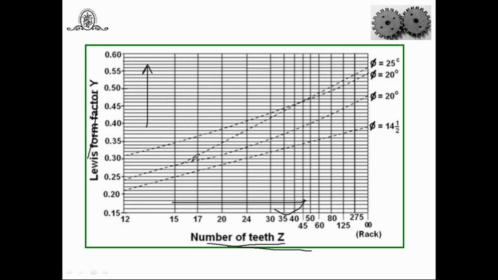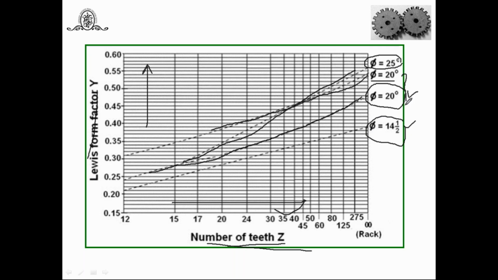Now here, look at this chart. This is for phi equal to 20 degree pressure angle. Then this line is for phi equal to 25 degree, and phi equal to 14.5 degree.